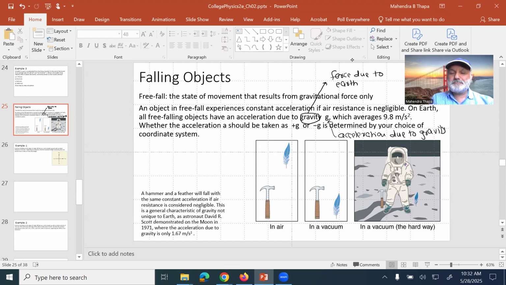If we assume there is no air, in that situation, the hammer and the feather fall together. So they fall together if we assume negligible air resistance.